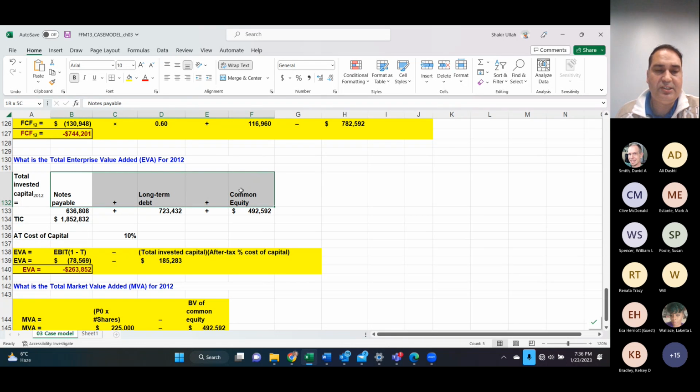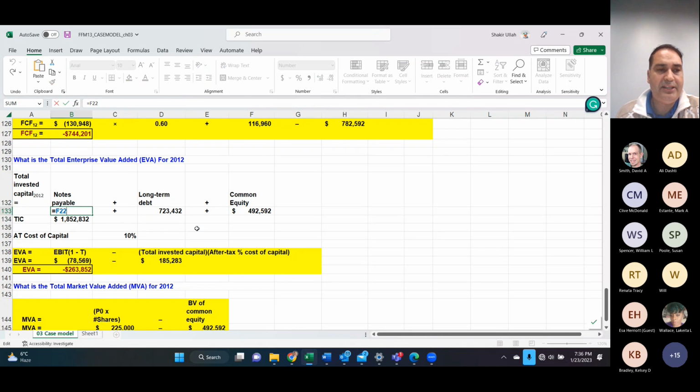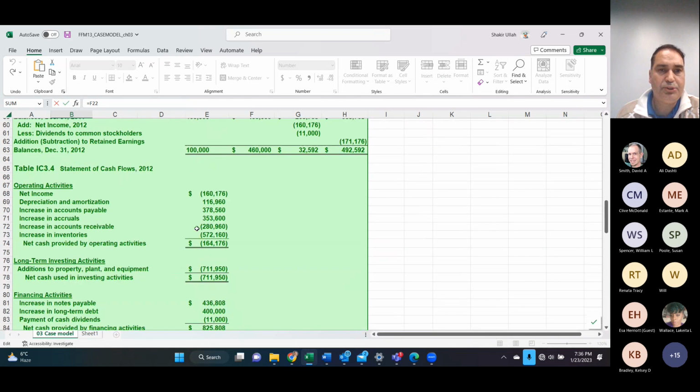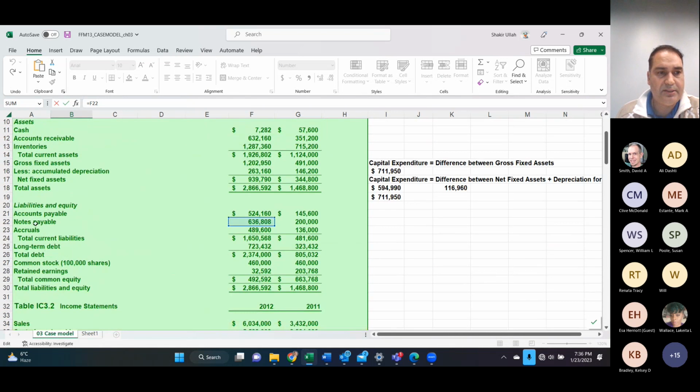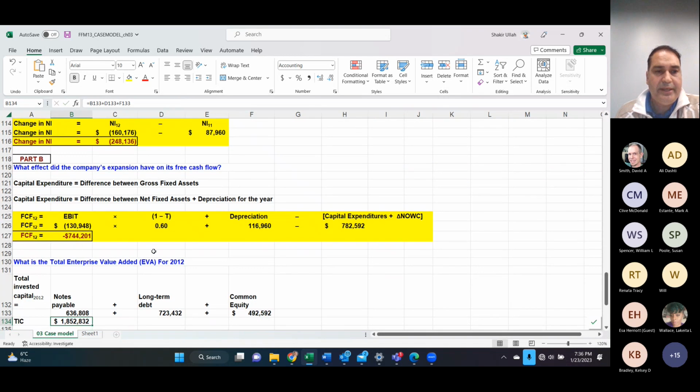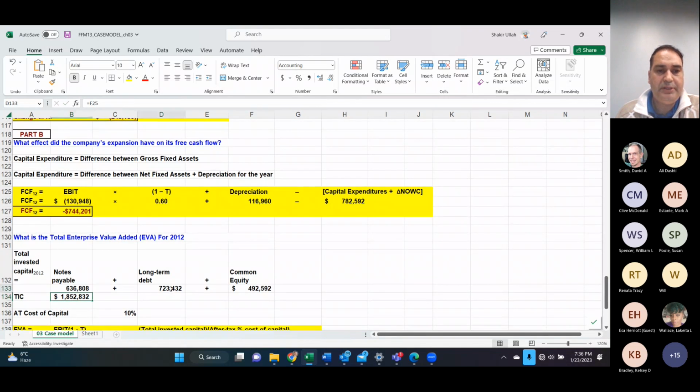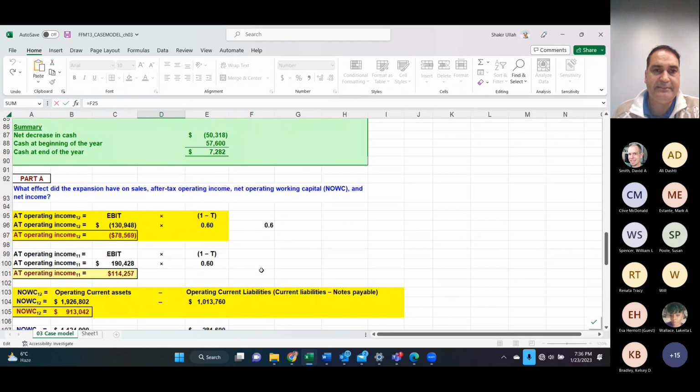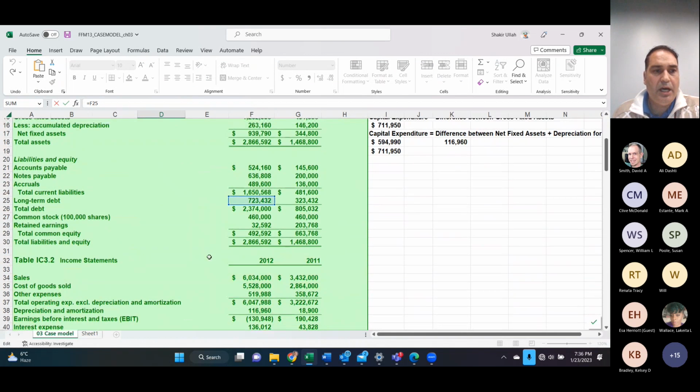So we add these together, okay, to get the total invested capital. Notes payable comes from the balance sheet, current liabilities portion. And long-term debt also comes from the balance sheet under the long-term debt. If you want to just double check it, here you go.